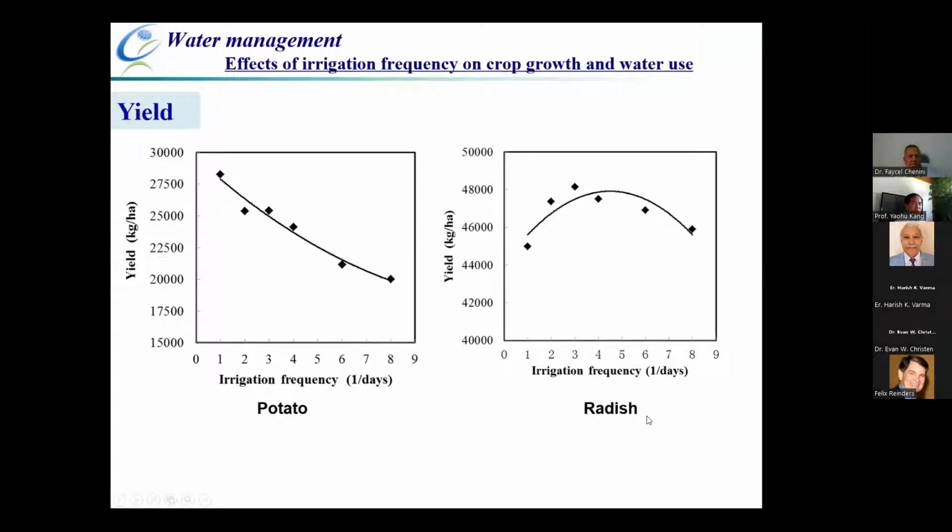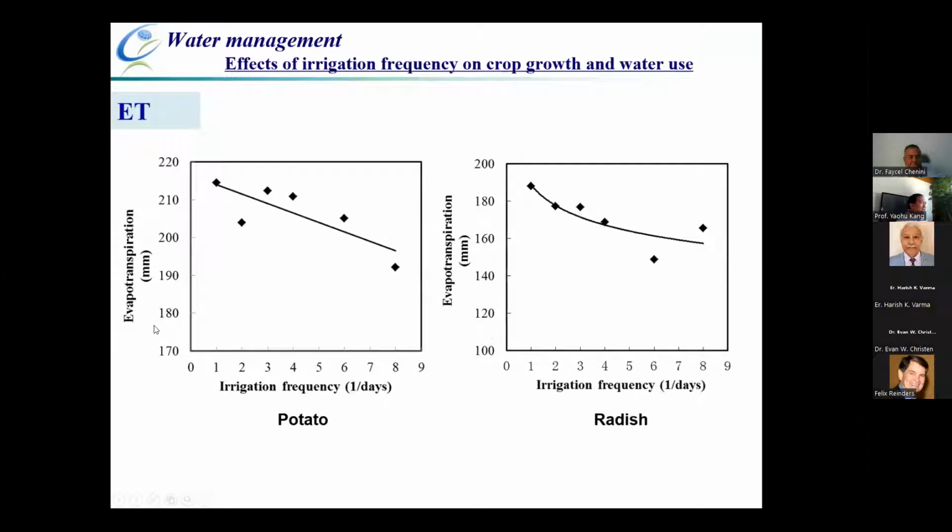But for the radish, you see, the yield increases as the irrigation frequency decreases, and at once every 5 days, the yield is the highest, then it turns to decrease. Evaporation, for both potato and radish, decreases as irrigation frequency decreases.